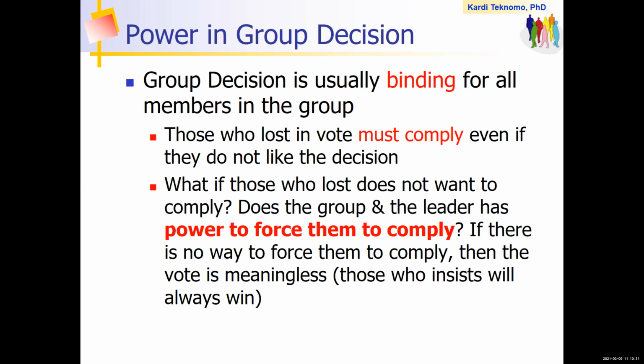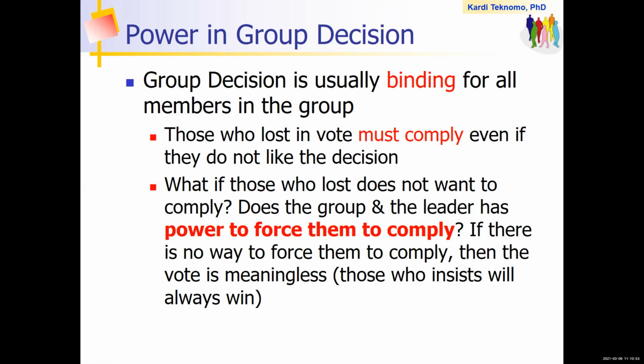Then how? For example, in an election for your leader, say a presidential election. 60% select President A, say Jokowi, and 40% select the second one, Prabowo. This is just an example.